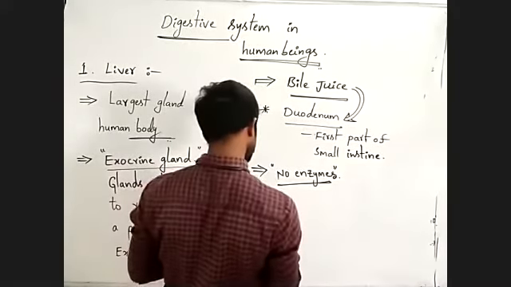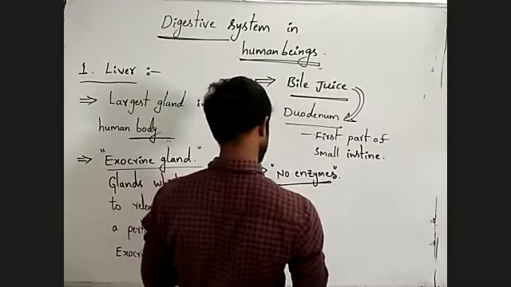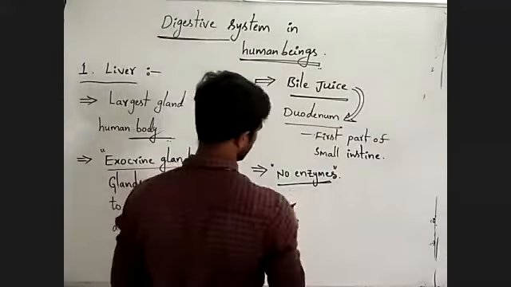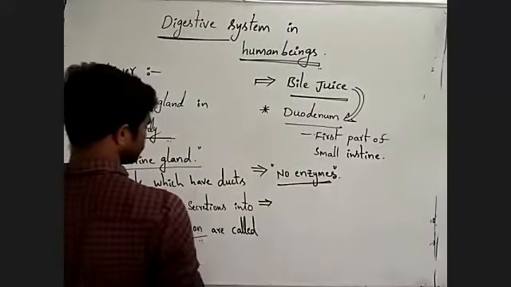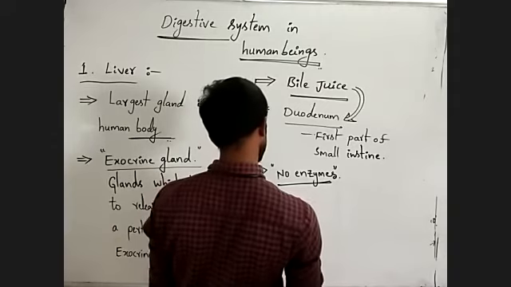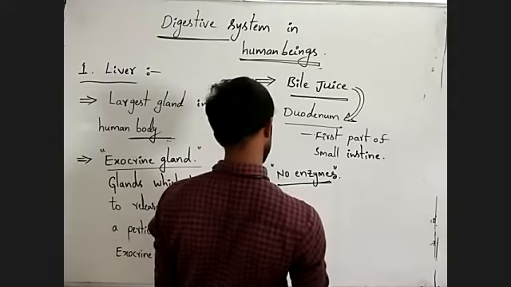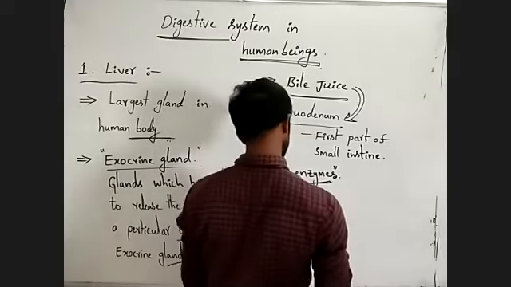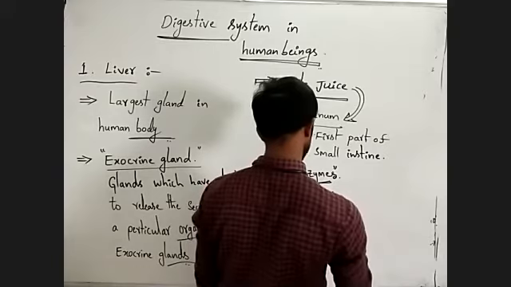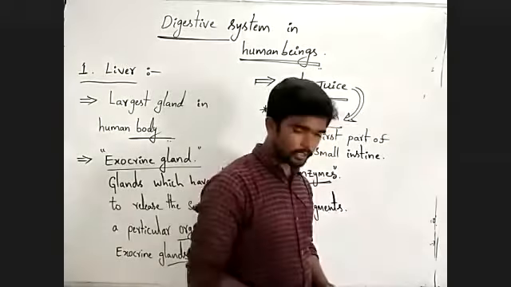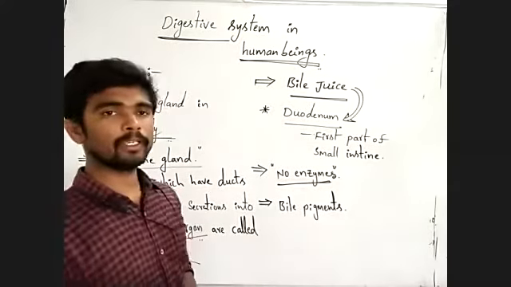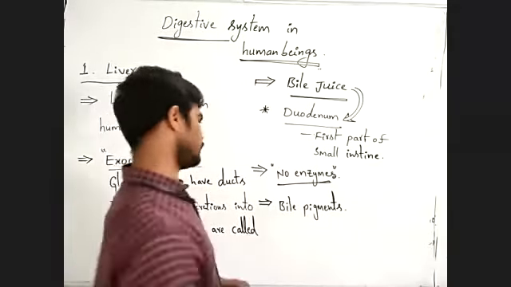Next, bile juice contains one type of pigment. They are bile pigments: bilirubin and biliverdin.